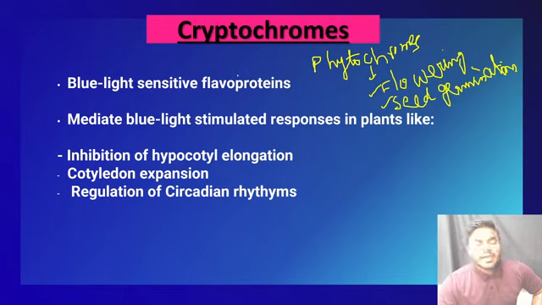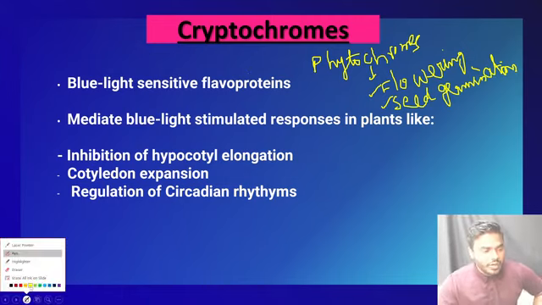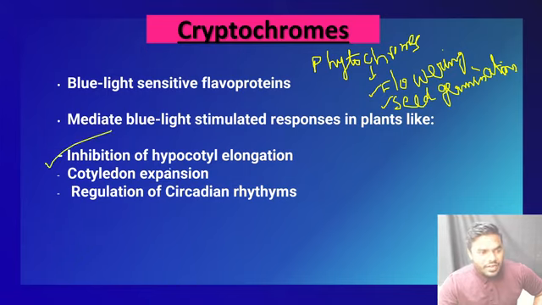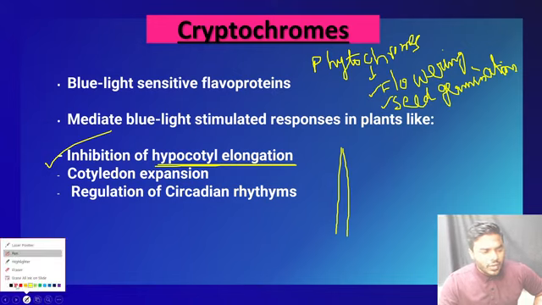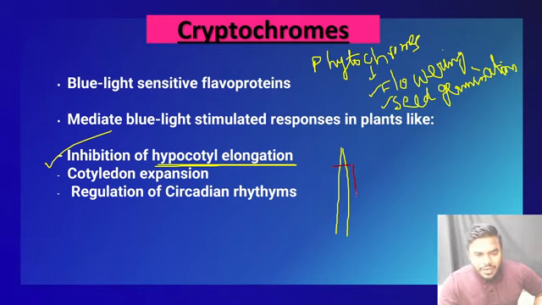Why is cryptochrome required in the plant body? Every one of you listen. It is required for inhibition of the hypocotyl elongation. Suppose, for example, this is the coleoptile. What do you call this part? We can call it hypocotyl.